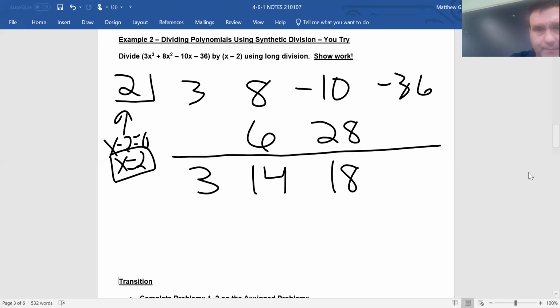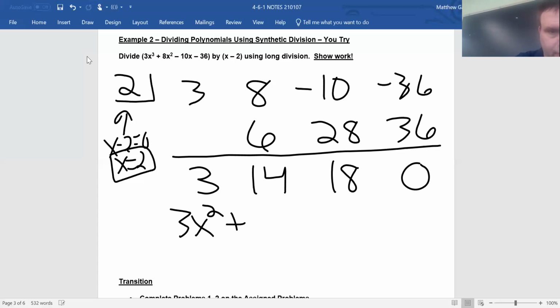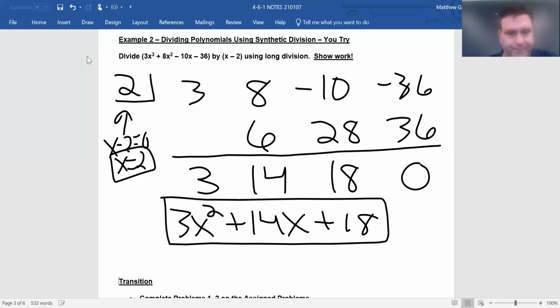Times 2. 18 times 2 is 36. Add down, you get 0. So this is 3x squared plus 14x plus 18 is your quotient. Okay.